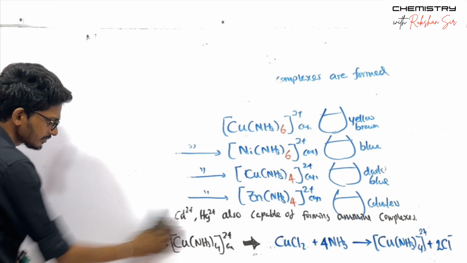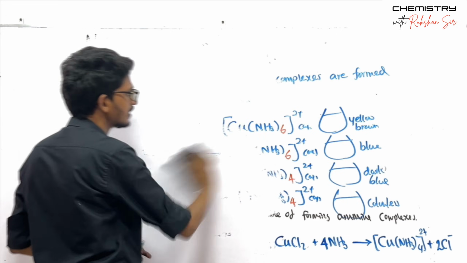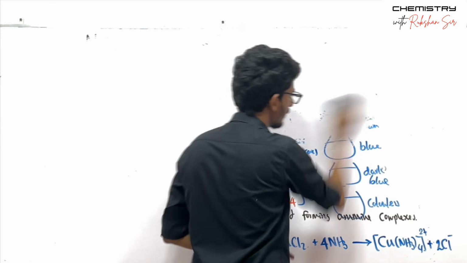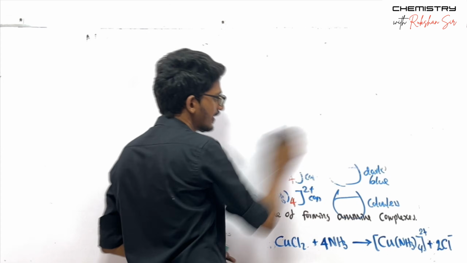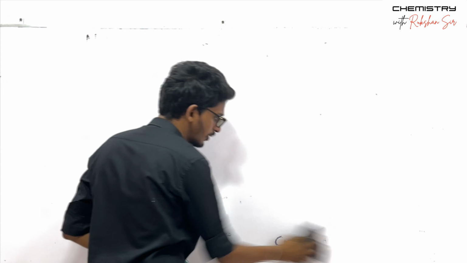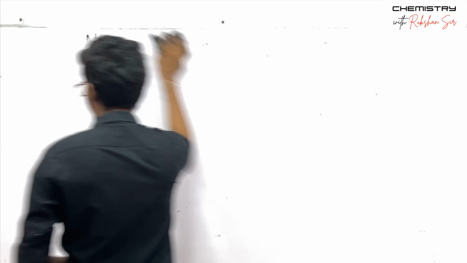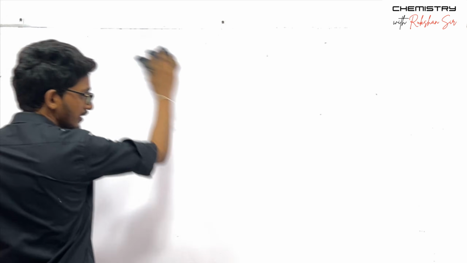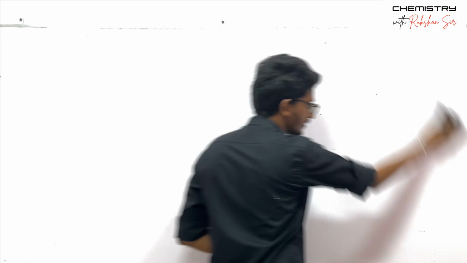Right. Ammonium salts. So we had learned that ammonia is basic. Normally the major property of ammonia is basicity. Yes, ammonia can show some acidic nature as well, but in most reactions, ammonia acts as a base.